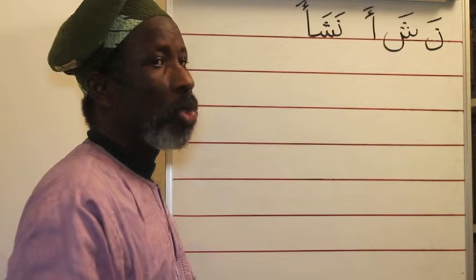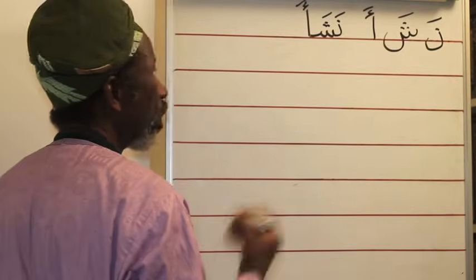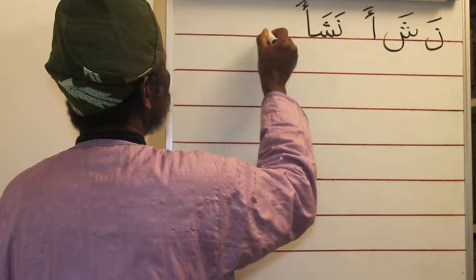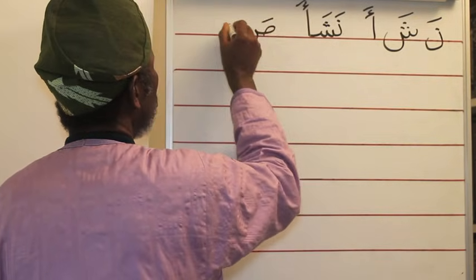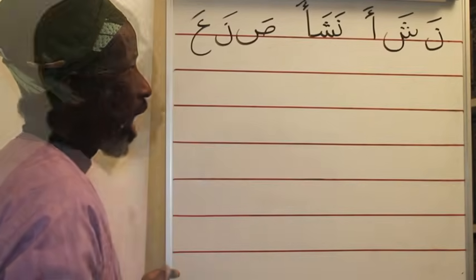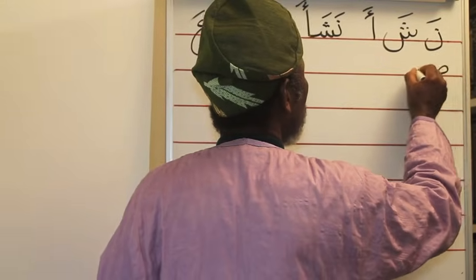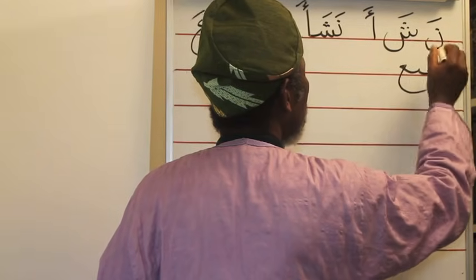Now we look for nun in the middle. Sona'a. So, na, a. Sona'a. Joint format. So, na, a.